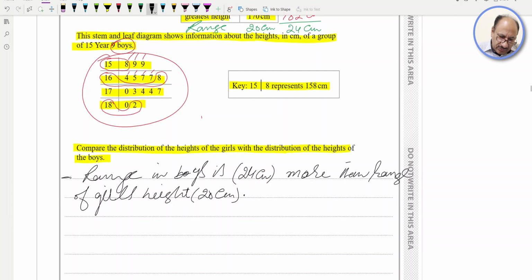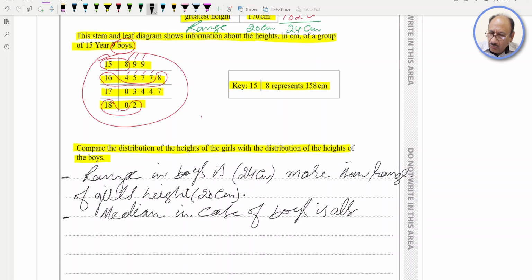We will write over here: median in case of boys is also higher as compared to girls.